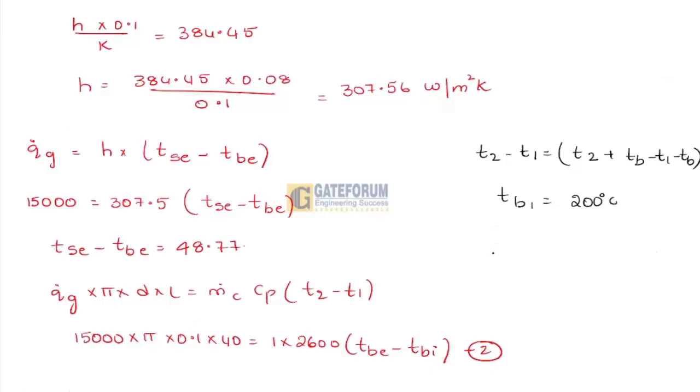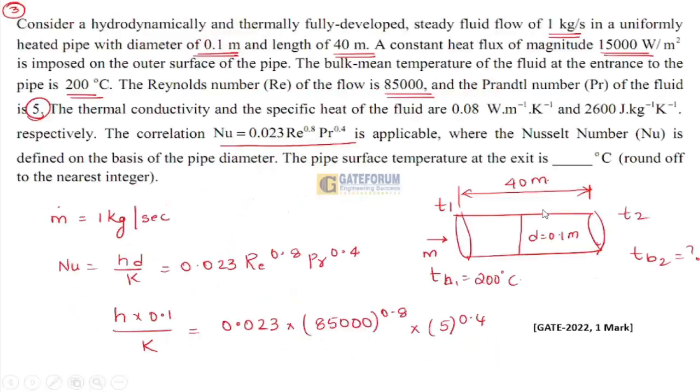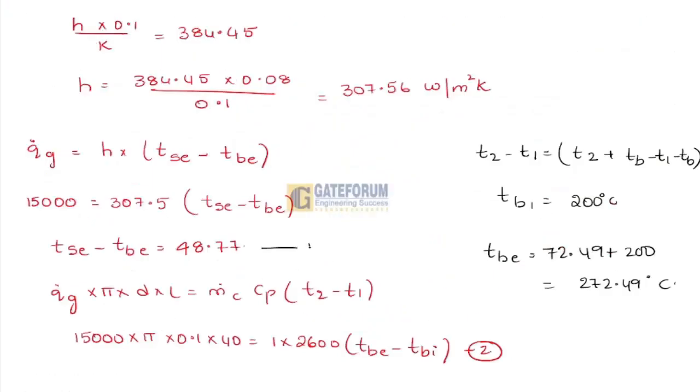On substituting, from equation number 2, you get TBE minus TBI equal to 72.49, that is 72.49 plus 200, which gives 272.49 degrees centigrade. Take this and substitute in the first equation, TSE minus TBE is 48.77.